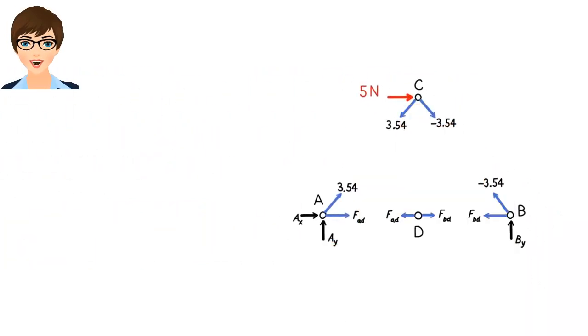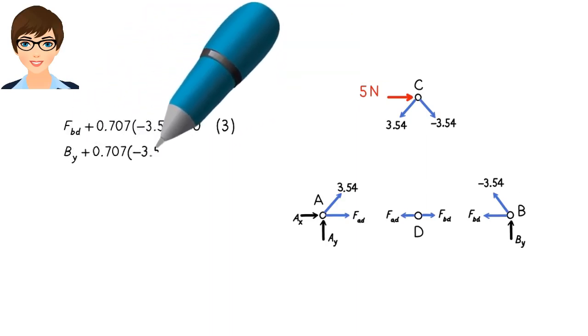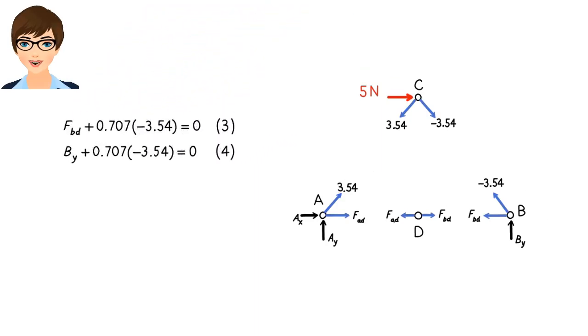Let's simplify the free body diagrams again. Note that point B now has only two unknown forces, FBD and BY. I'm going to use equations 3 and 4 to find these unknowns. The equations are, solving them for the unknowns, we get BY equals 2.5 newtons.